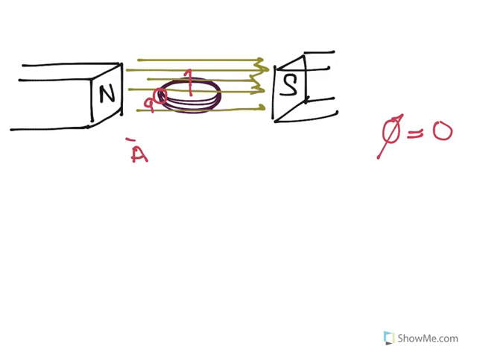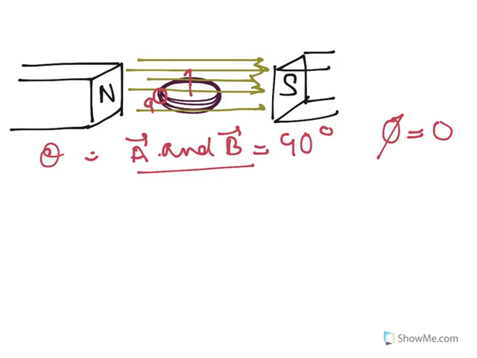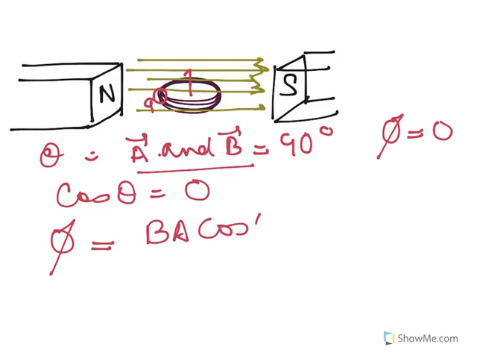So the angle between area vector and B becomes equal to 90 degree. So the theta, the angle between A and B becomes equal to 90 degree. In that case, cos theta becomes equal to 0. So the flux linkages in this position of the coil is BA cos theta being equal to 0, flux linkages are 0.